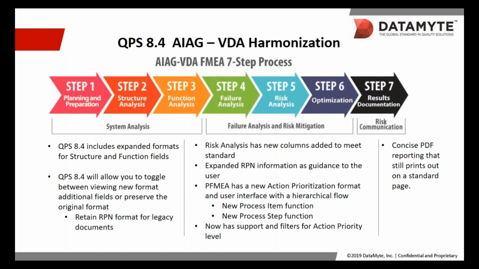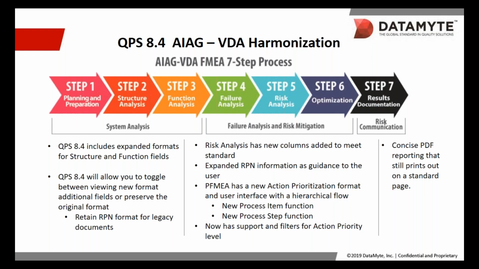What I do want to do is just give you a little bit of a teaser. This will be a 7-step approach, a 7-step process. There's going to be a couple of different formats that we're expanding for structure and function. You'll see, for instance, step 2 and step 3 are going to have expanded fields for the structure analysis and the function analysis.